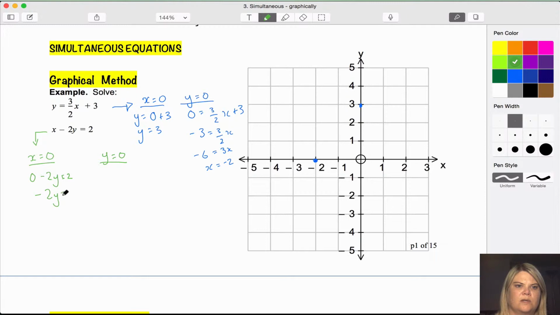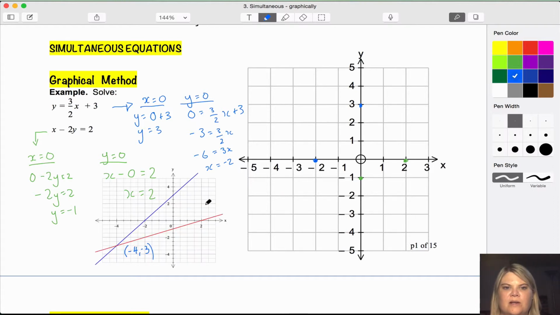Minus 2y equals 2, y equals negative 1. When y equals 0, x minus 0 equals 2, x equals 2. y is negative 1, x is 2, and you draw a straight line with your ruler through those two as well.